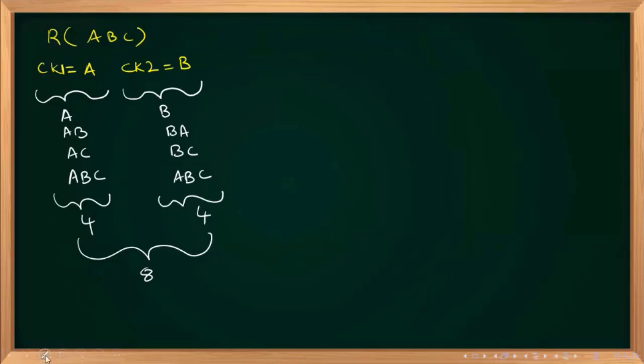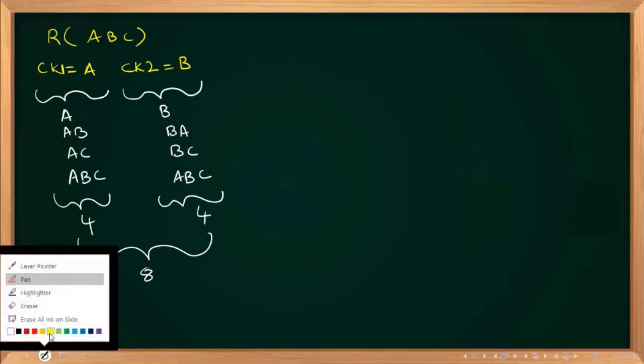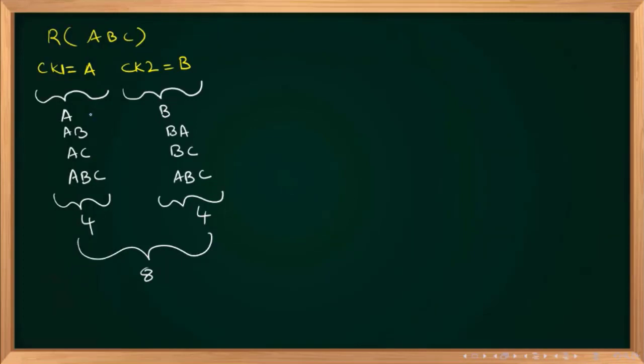Yes. There is some intersection. So what is that intersection? Which one is common? Here it is different. These things are the same, no? BA and AB are both the same. I am asking how many super keys are possible in a single table. These both are the same. AC, BC are different. ABC, ABC are the same.